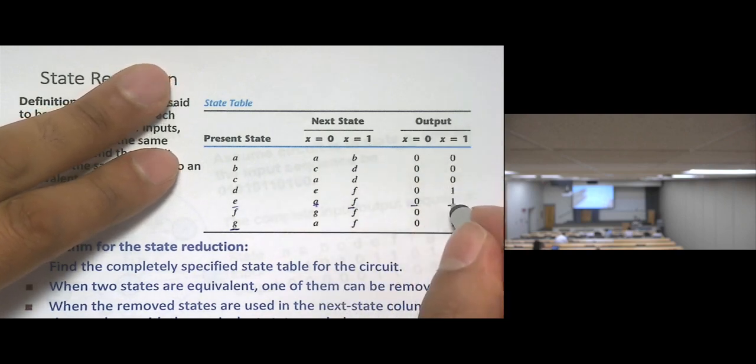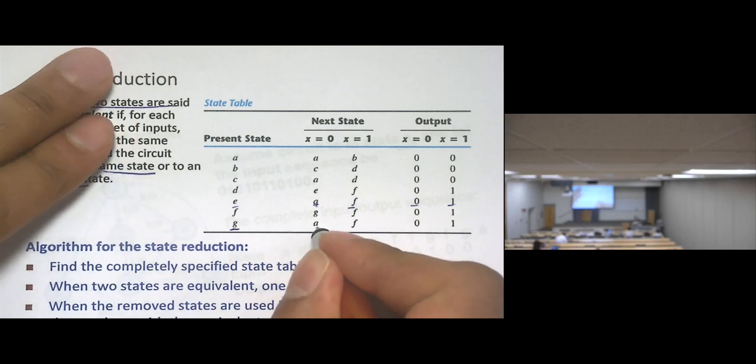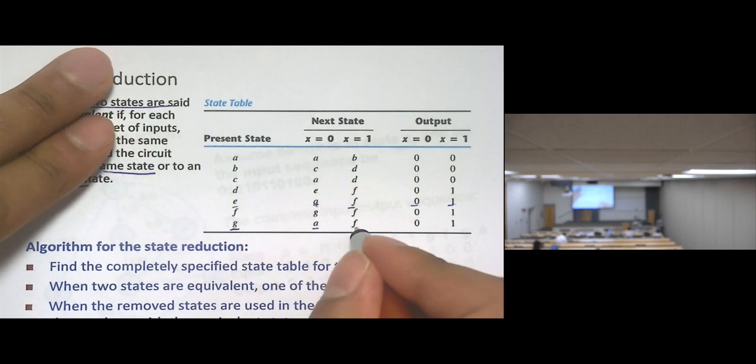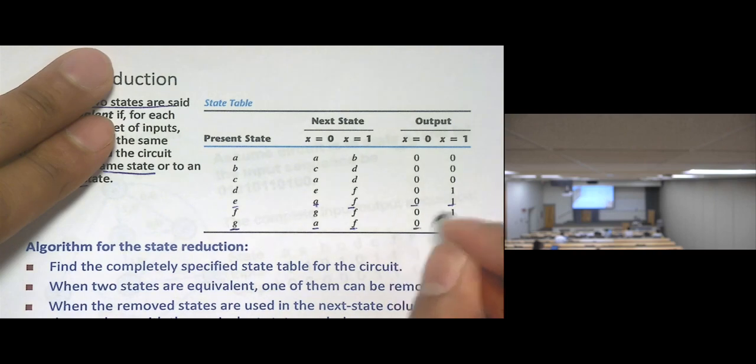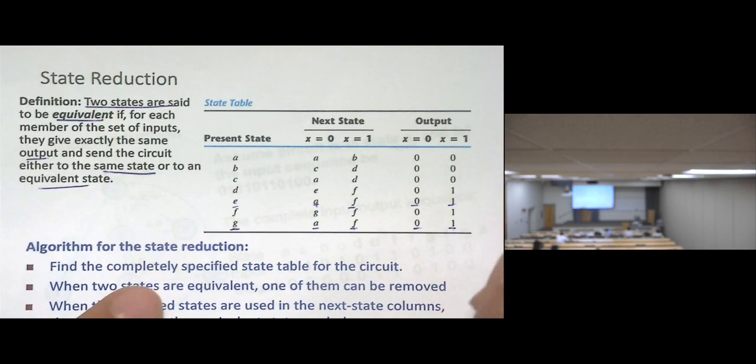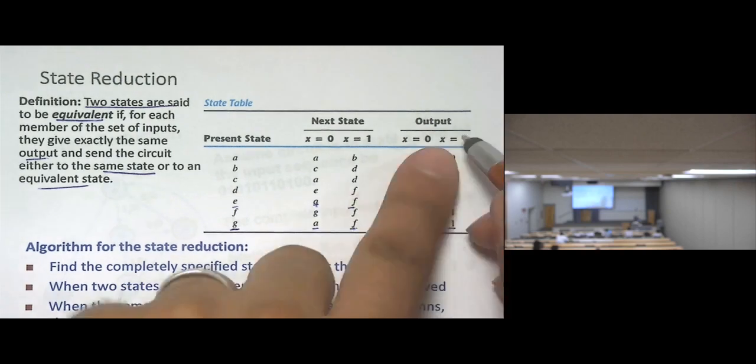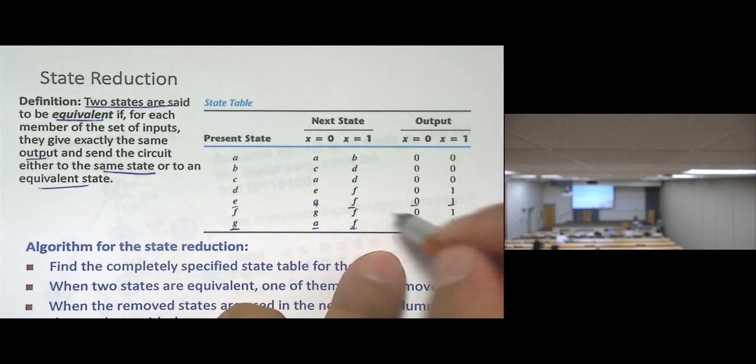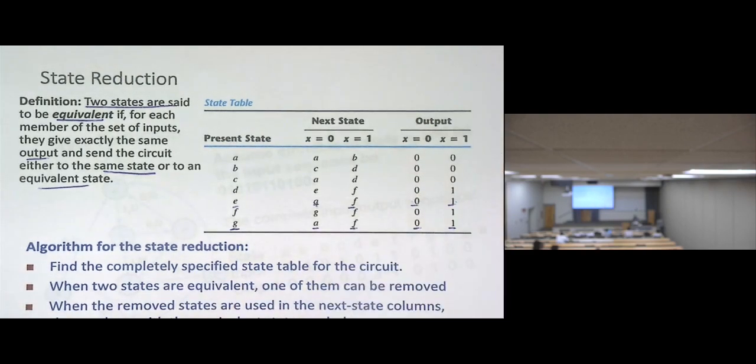If the input is 1, the output is 1. For G, if the input is 0, we go to A. If the input is 1, we go to F. If the input is 0, the output is 0. If the input is 1, the output is 1. You see, they are the same: the same outputs, the same next states.